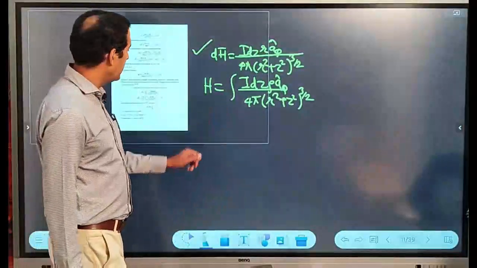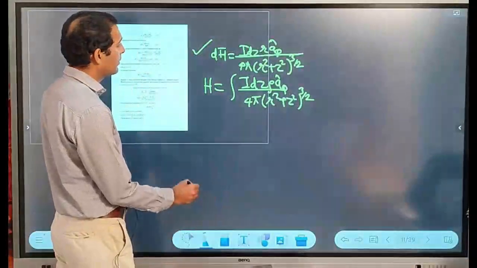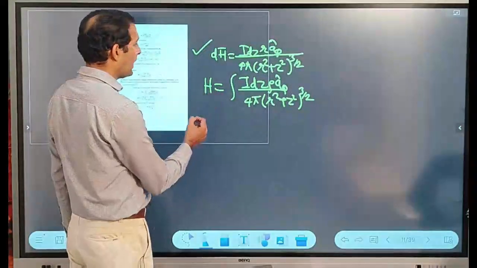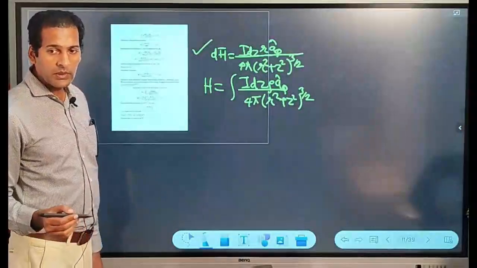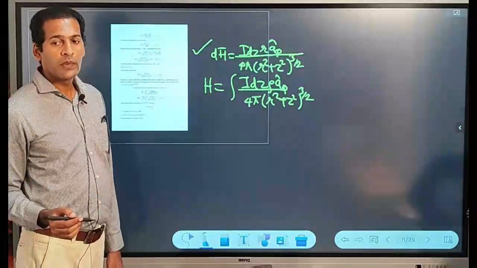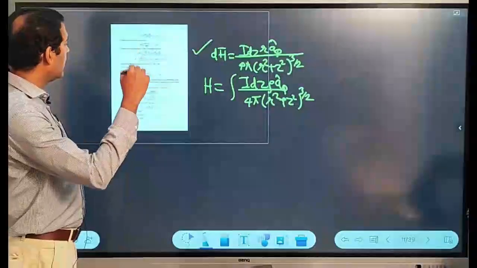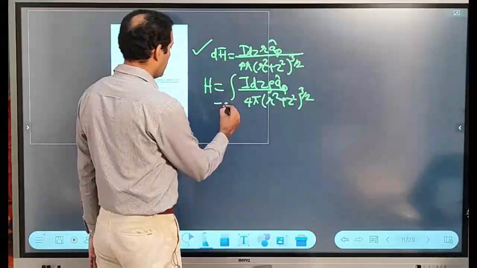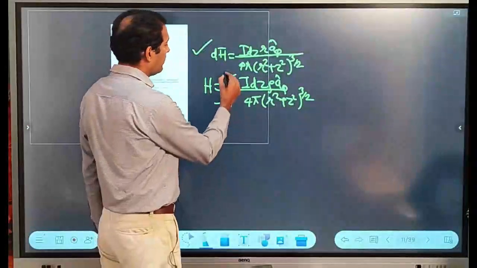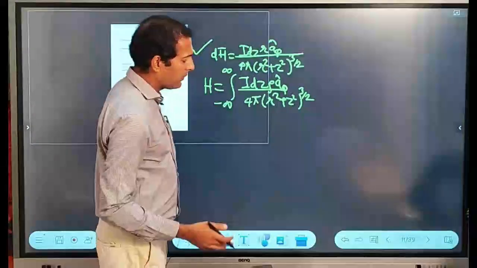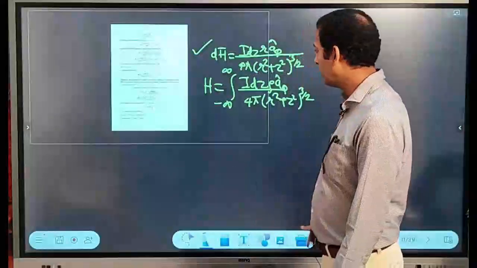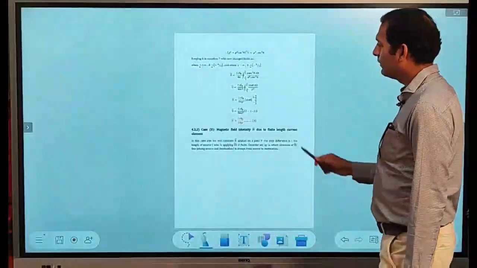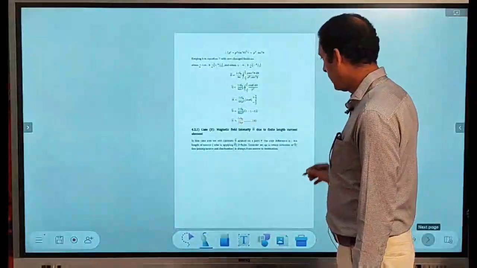Now, what will the integration limits be? It's a line charge. Line charge means how many integrations? Single. And it is spread along the z axis, so the limits will be from minus infinity to plus infinity. We will apply some mathematics and simplify it.